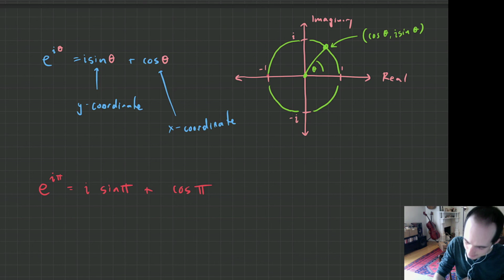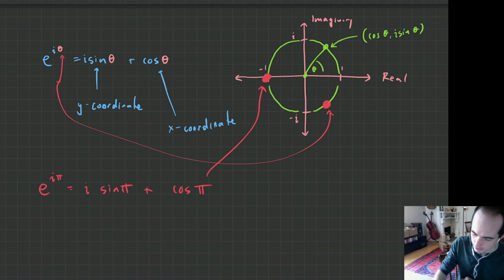And that's this point right here. I could find any of these points using this formula, I would just have to plug in that version of theta. But this one is easy to calculate.